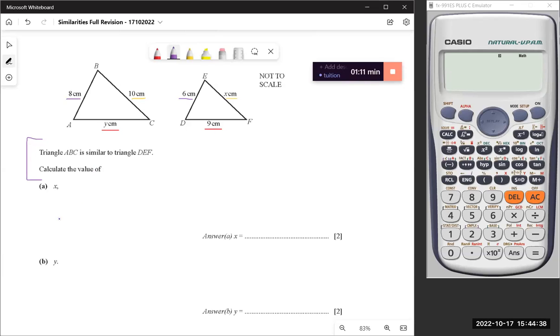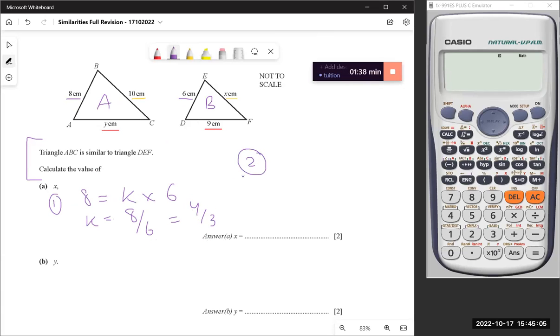8 centimeter and 6 centimeter. So 8 is bigger. Let's call this shape A and shape B. So the bigger one, 8, is equal to K into 6. Now what is K? 8 divided by 6. That is 4 by 3. Fine. Now I know what K is. That's my first equation done.